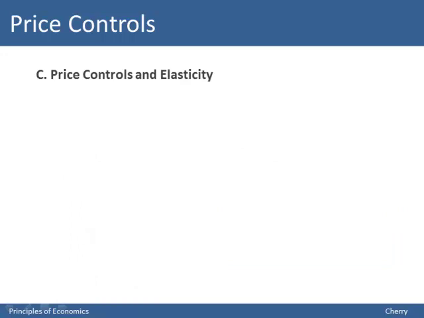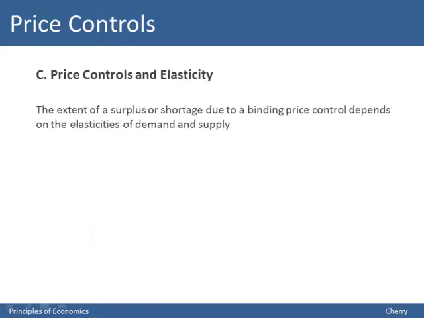So let's bring in the elasticity. The extent of the impact that price controls have, in part, depends on the elasticity of demand and supply. So the extent of a surplus or shortage due to the binding price control depends on the elasticities of demand and supply.